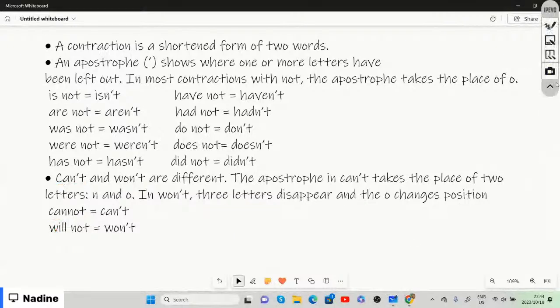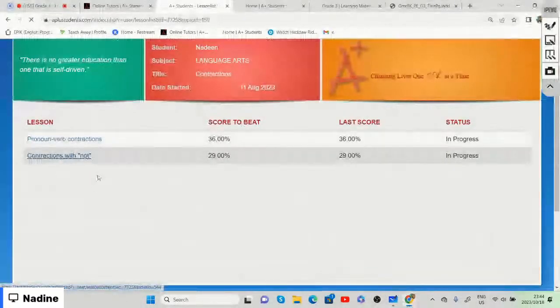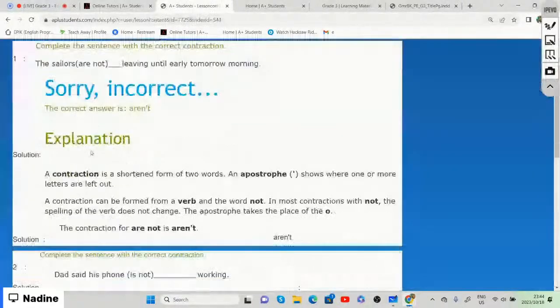All right. So now let's go back to A plus students.ca and contractions with not, right? And we see the contraction is a shortened form of the two words, and the apostrophe shows where one or more of the letters are left out, right?